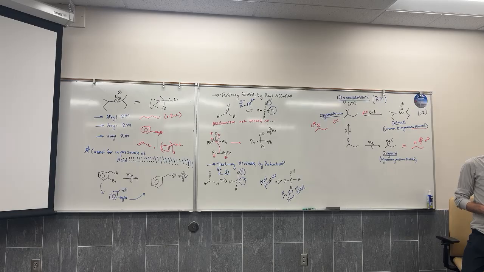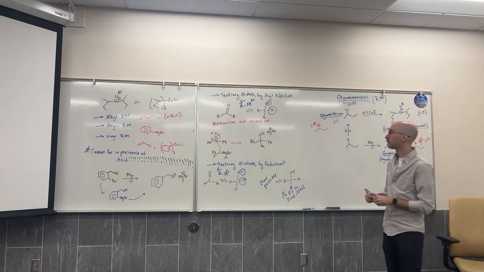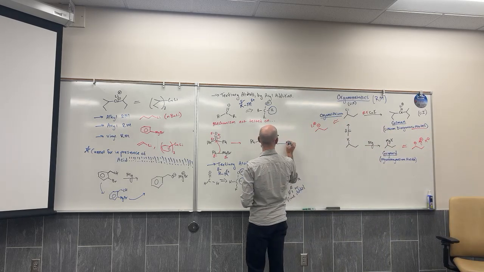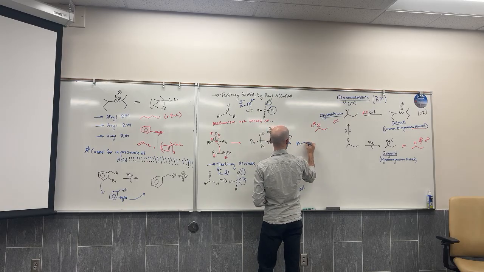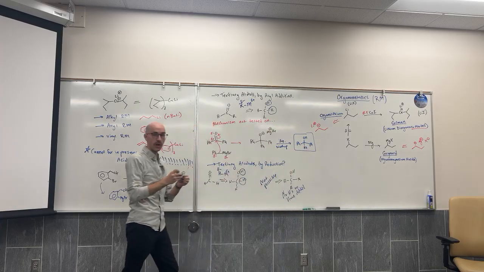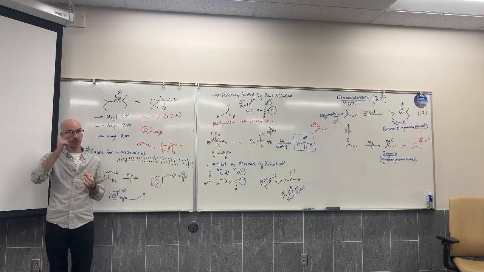So, could you do an aqueous workup? I need to protonate my oxygen. To have a proton source, I'm going to need an acid. And so I do an aqueous workup. And I get triphenylmethanol in this case. And there's my alcohol.